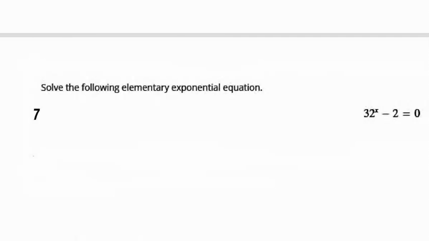Okay, going on to number 7 as we see it. Let's write it up here. 32 to the x power. And our protocol is to isolate the variables on one side if you can. So I'm going to bring this over to the other side as a positive 2.